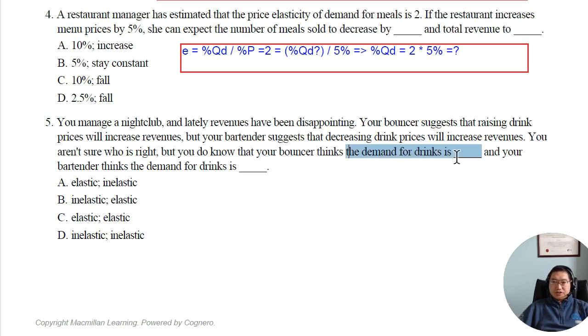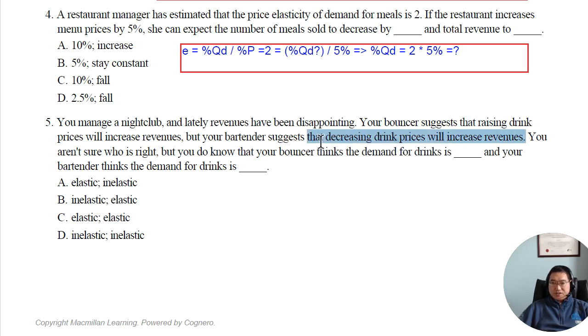The demand for drinks is what? I have talked about it. If you increase the price and your total revenue increases, it means the demand should be inelastic. And if you decrease the price, it will increase the revenue, or say you increase the price, it will decrease the revenue.